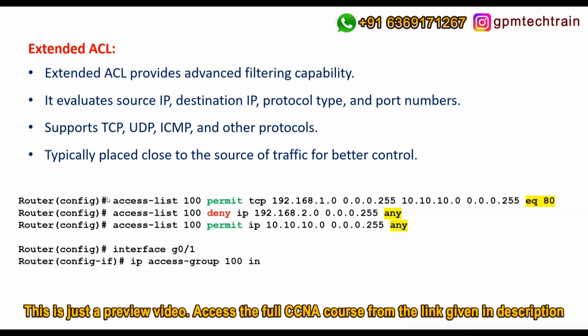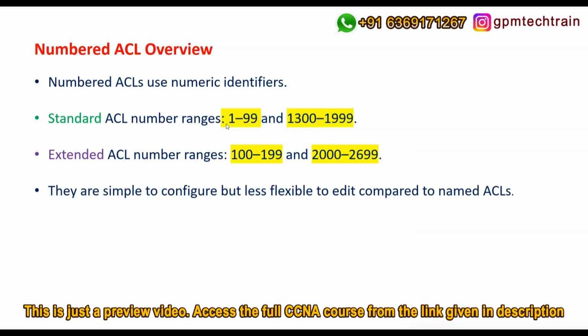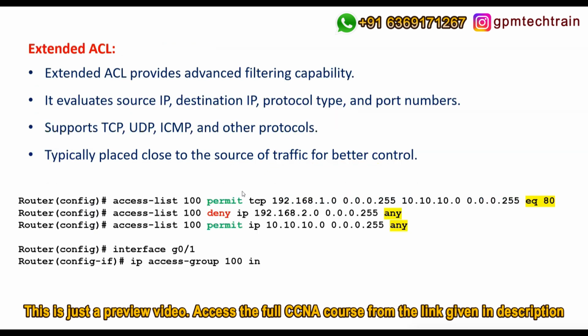If you look here, I use the same thing, access-list. Here I use the number 100, because from 100 to 199, it falls under the extended ACL list. So when I put 100, then the router will give me more options to configure.